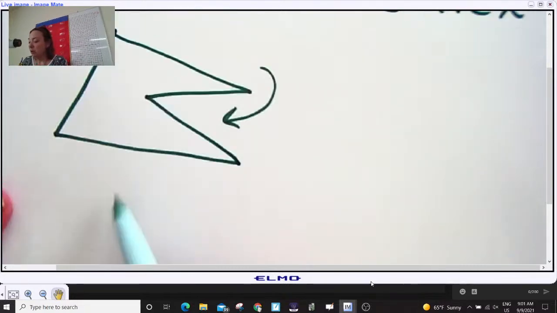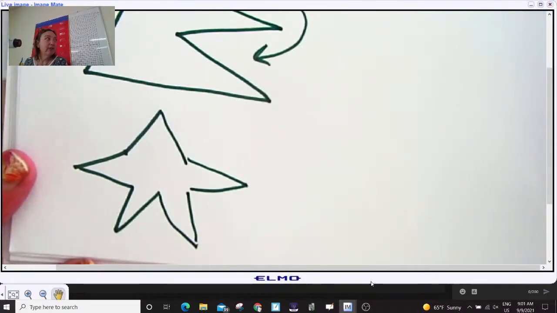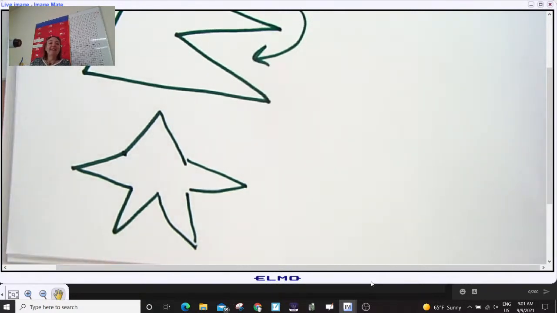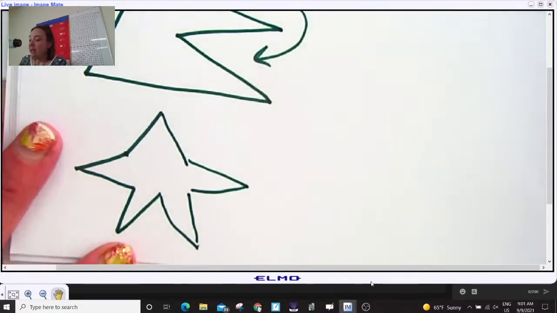A star, which I cannot draw. This is going to be so bad, y'all. Okay, a star. Y'all see that gorgeous star right there? That's what I thought too. It looks like Patrick. That star is a concave polygon, right? An arrow.